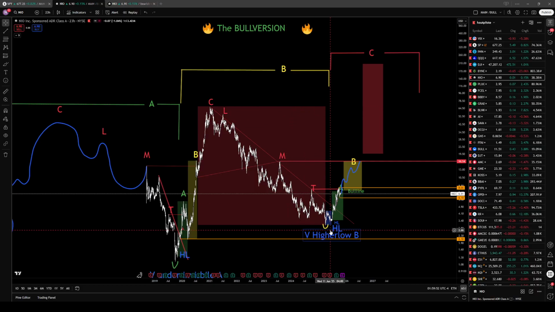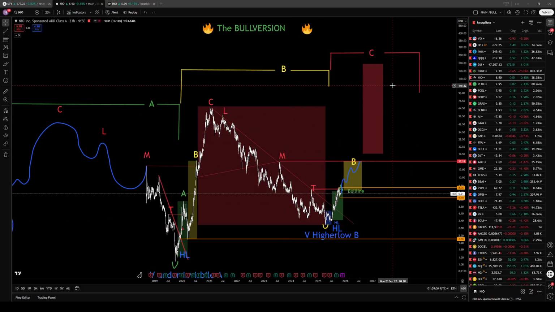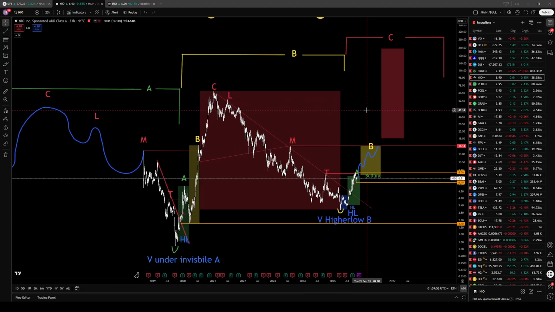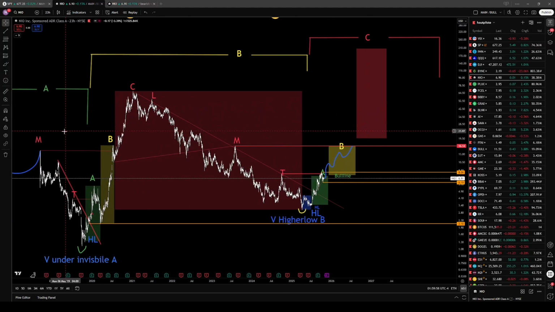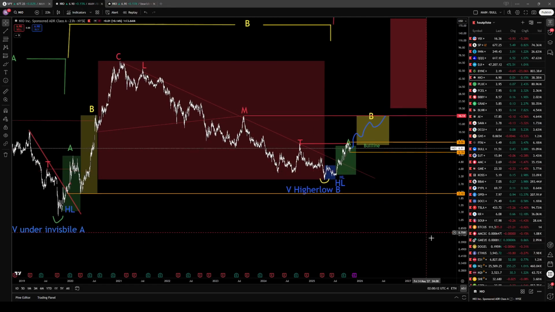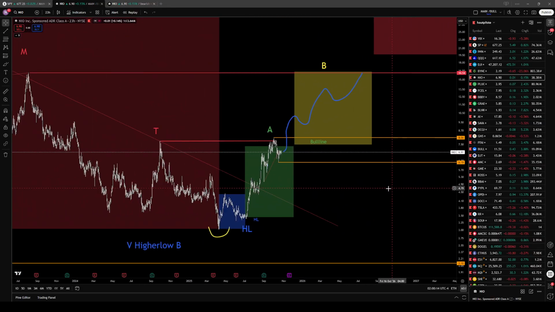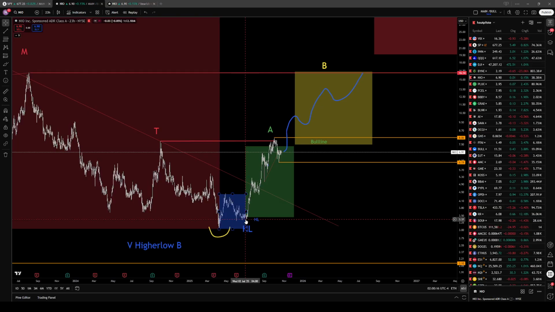And our next one would be our big massive C. So the first one is finished. Then we're doing the higher low, A, with A pullback, B, C, then lower high, midpoint T, and then ending with a V in a higher low. And from there, we did our higher low and already our A peak.